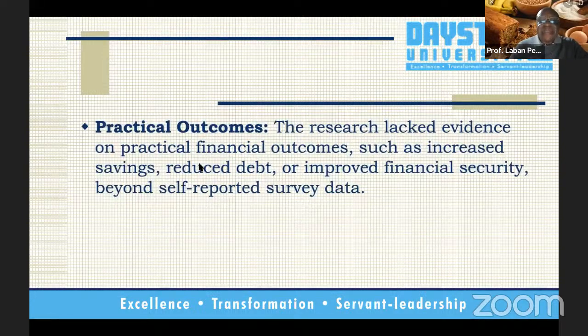The research lacked evidence on practical financial outcomes, such as increased savings, reduced debt, or improved financial security beyond self-reported survey data. Are you seeing the value of intensive literature review around the topic that you have developed?